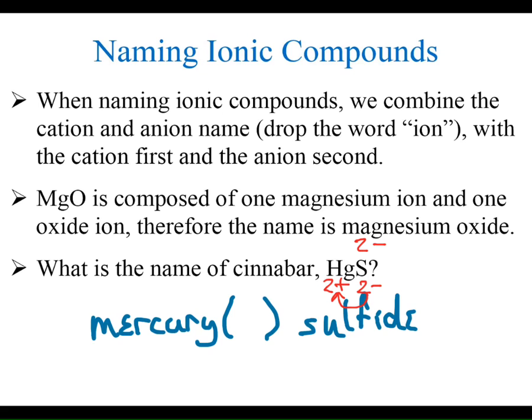So that 1 mercury must be 2 positives. So you would name it mercury 2. So you figure out the charge on this based off the charge on the anion. The anion always tells you what the cation is going to be. You have to balance out.